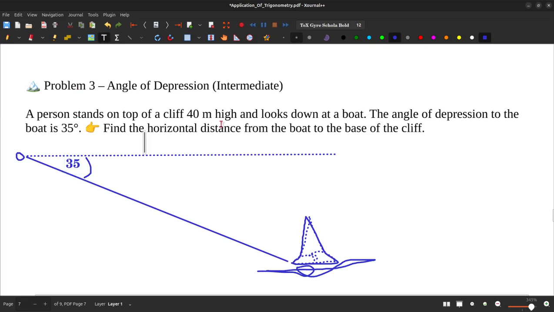Now we are told that he is standing on a cliff, which means from the ground to the person up there, this is going to be 40 meters.